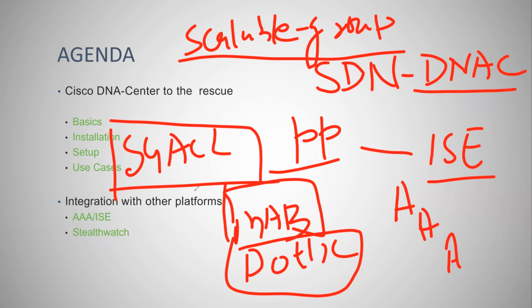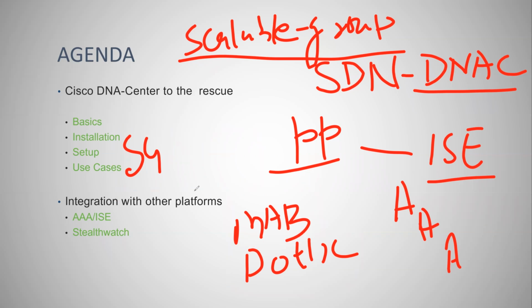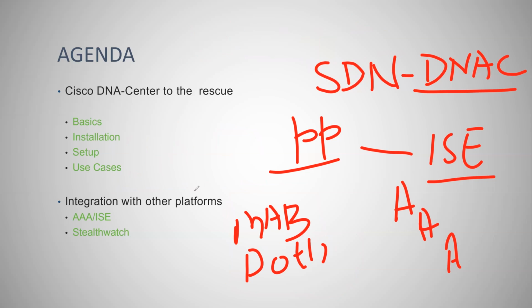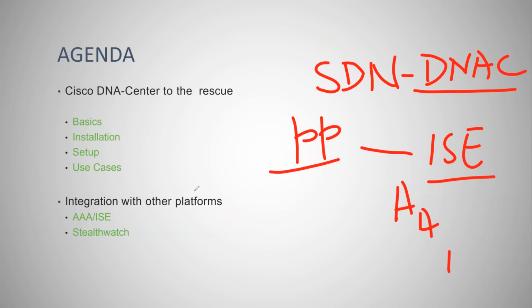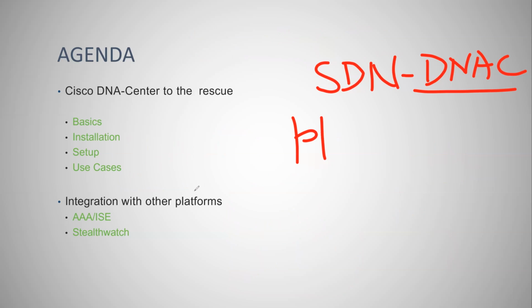That means ICE is working as the identity services, the brain in the network. But you can integrate ICE with DNA, so DNA will take the primary role, and whatever configuration we do in DNA will get replicated within ICE. So somehow ICE and DNA are communicating. Now, how are they communicating, do you know?